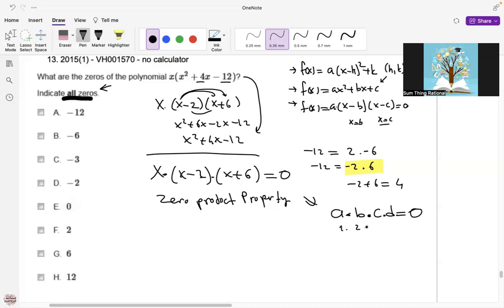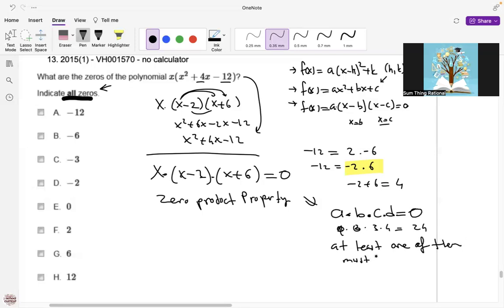For example, 1 times 2 times 3 times 4 will definitely not be 0. It will be 24. If the result is 0, then one of the factors should be 0, like 0 times this, or 1 times 0 times 0. Two of them can be 0, or three of them, or all of them, but at least one of them must be 0.